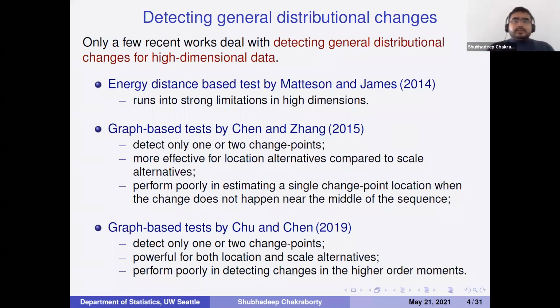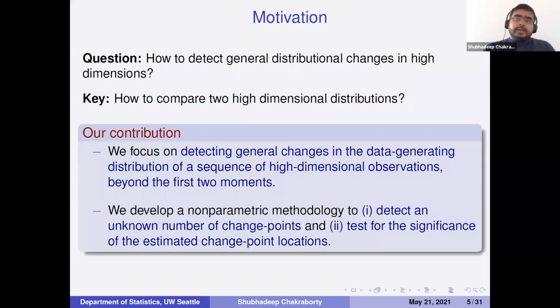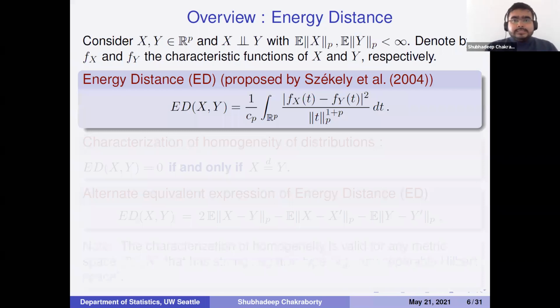To begin with, I'll first give a brief overview of energy distance. Energy distance is a non-parametric homogeneity metric which is aimed to capture the equality of 2 distributions. So let's see how it is defined. Let's say X and Y are 2 p-variate random vectors.